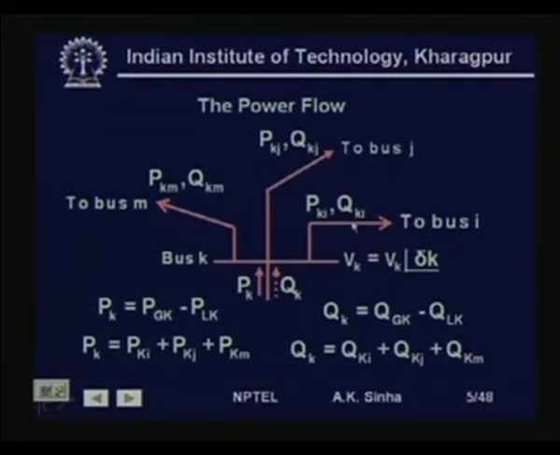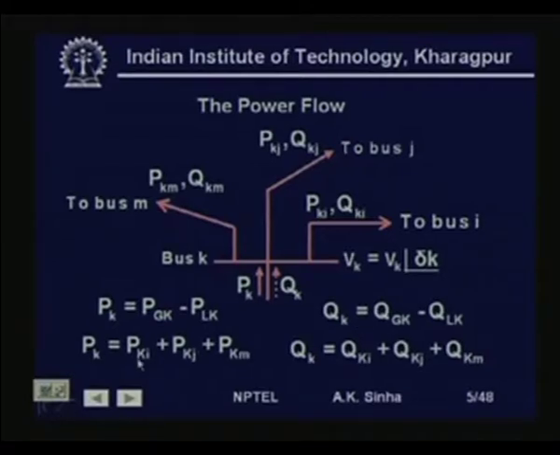If some power is flowing in, then that will be considered as negative power going out from this bus. Similarly, for the reactive power, Q k, that is injected here, must be equal to all the reactive power going out from the bus. So, Q k i plus Q k j plus Q k m, this is what we will get.